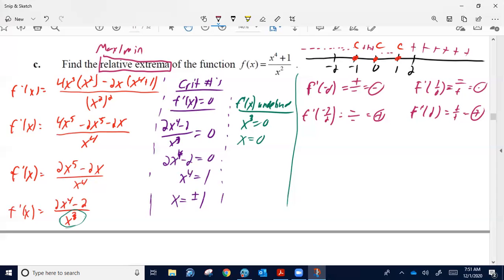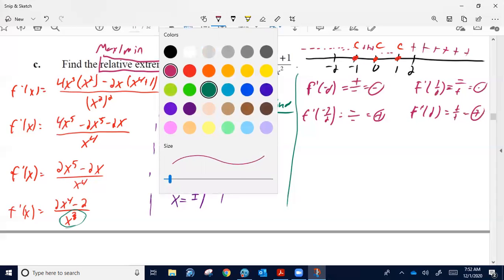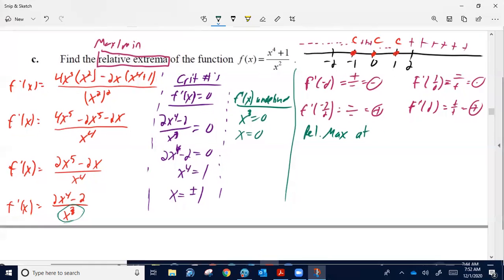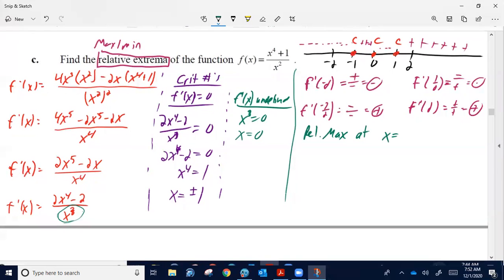Okay. So from there, we can say we have a relative max when you change from a positive to a negative. So relative max at x equals 0.